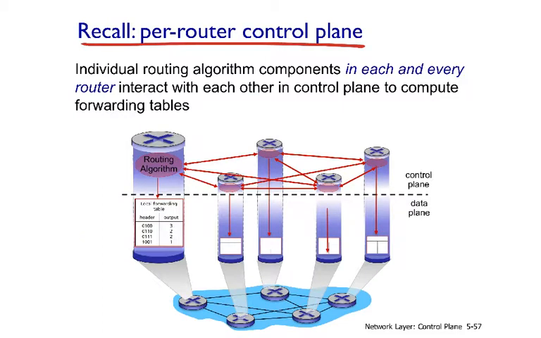So just to remind you of the difference between the traditional IP networks and the SDN networks. In the traditional IP networks, we have the control plane and the data plane inside the router. Remember that the data plane is related to the forwarding process.